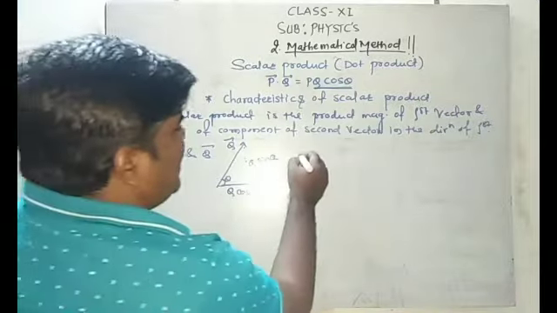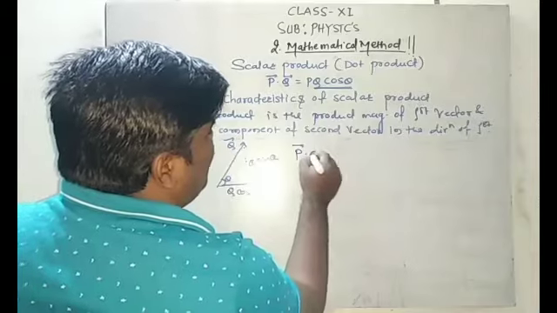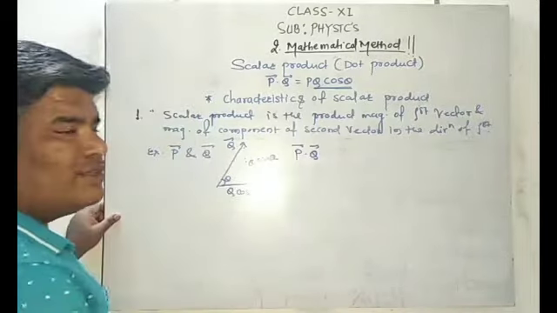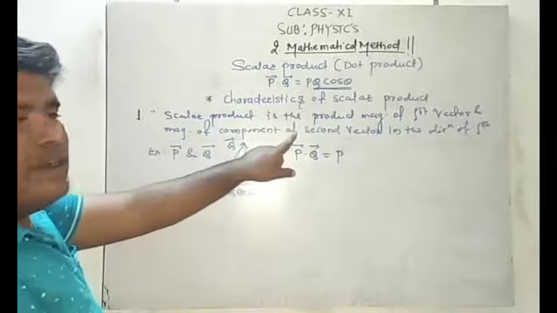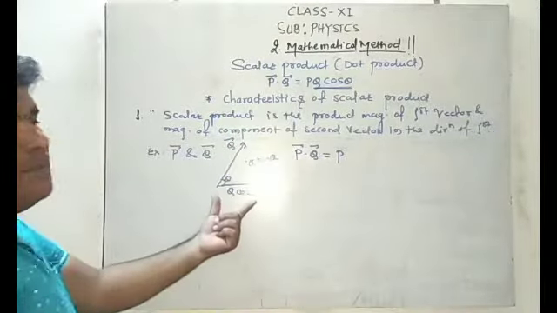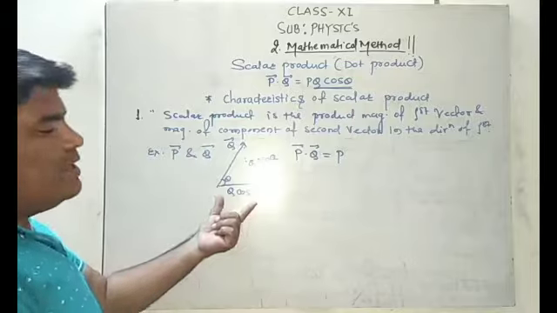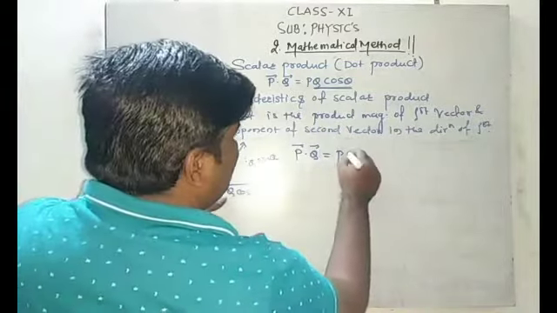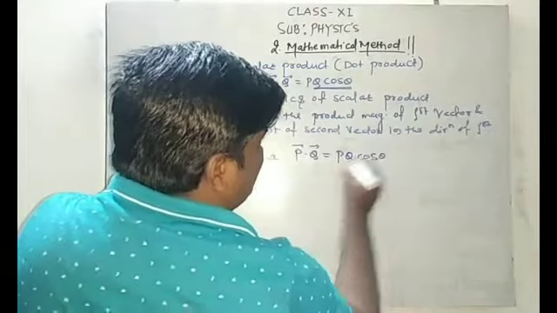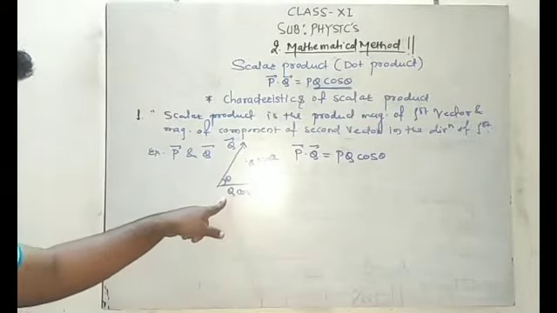And therefore we can write P bar dot Q bar is equal to the magnitude of the first vector times the magnitude of the component of the second vector in the direction of the first, that is Q cos theta.